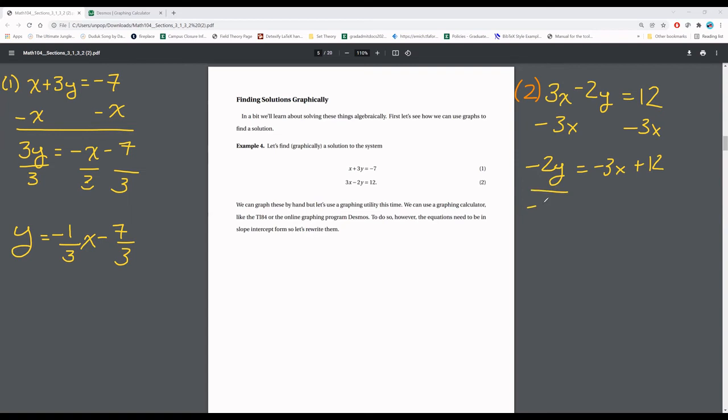Finally, divide by negative 2 everywhere. So that y, let's see, negative negative gives me positive, so 3/2 times x. And 12 divided by a negative 2 is a negative 6. So these are the lines that I will put into my graphing utility.